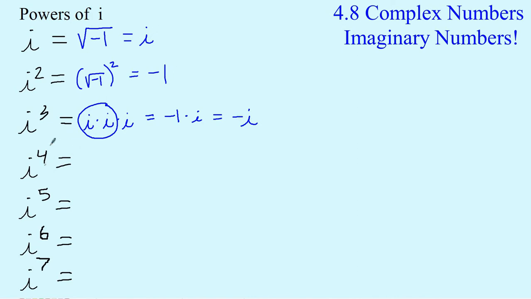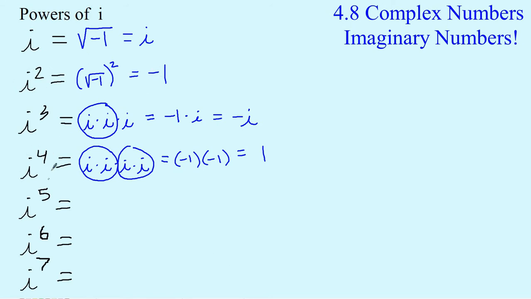All right, let's look what i to the fourth is. That's four i's together. And what happens when I have these two and these two? Well, that's just -1 times -1, don't you know? And there we get +1. So if we have two i's, we get -1.